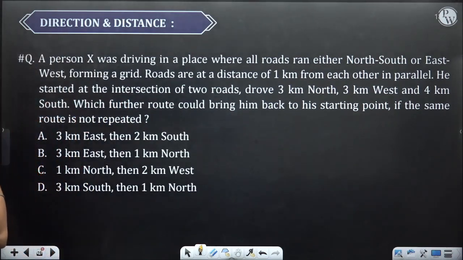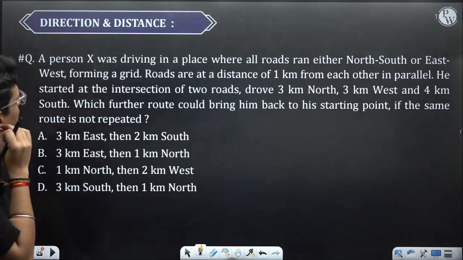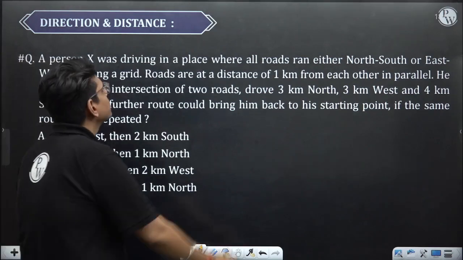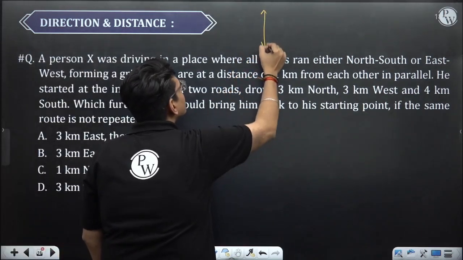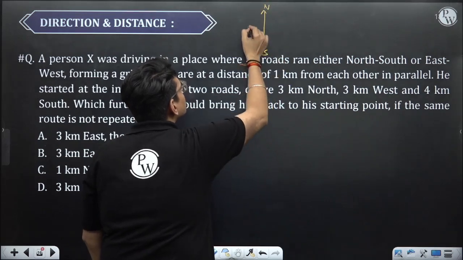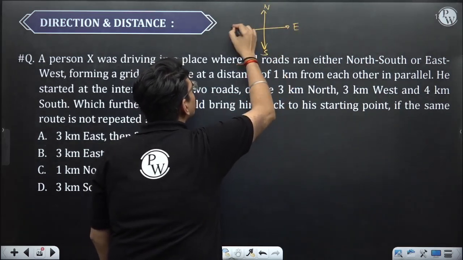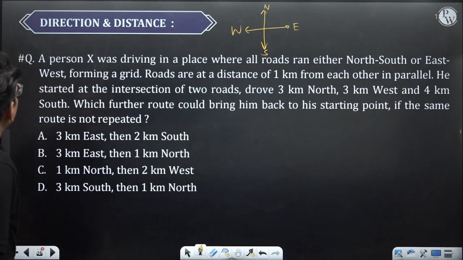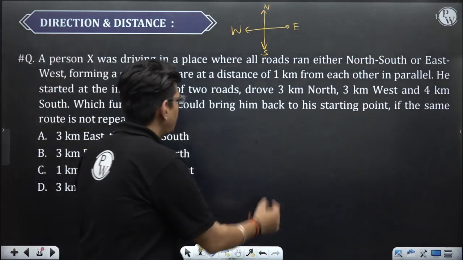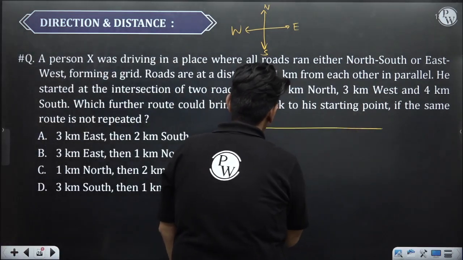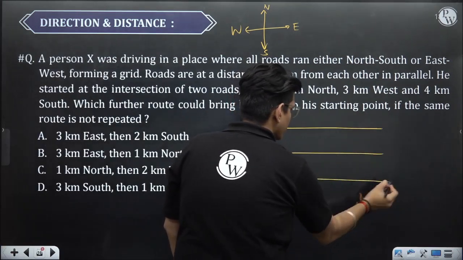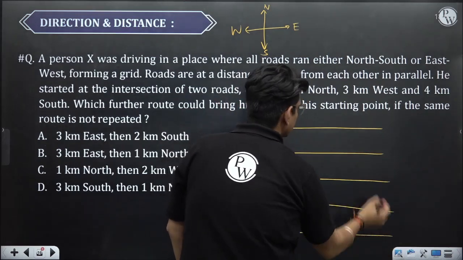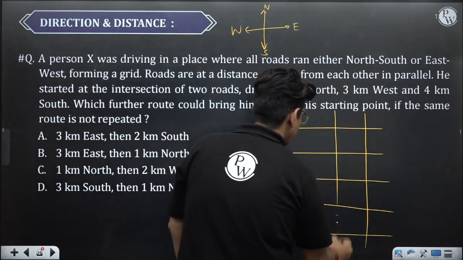A person X was driving in a place where all roads ran either north south or east west. Again, this is north, this is south, this is east and this is your west. So all the roads ran north south east west, forming a grid. So let's make the grid. These are the roads from east west. Similarly roads from north south.